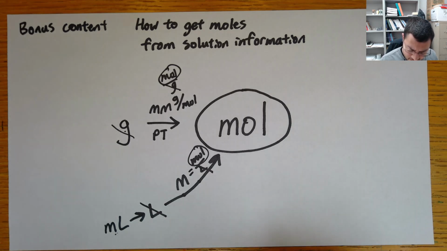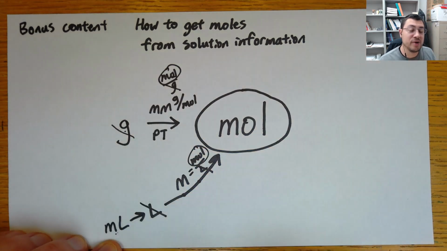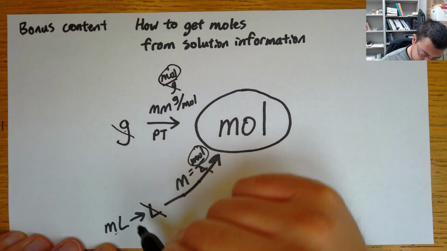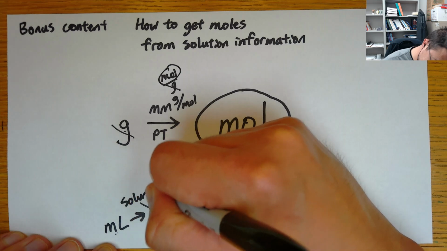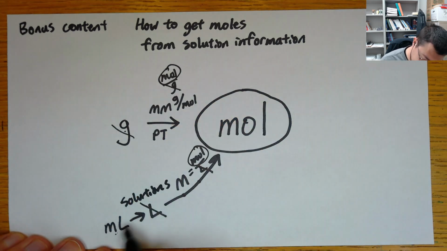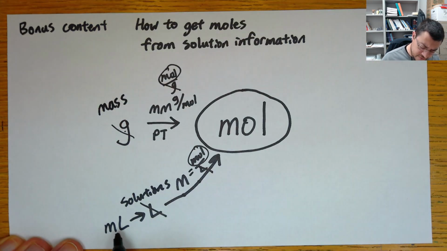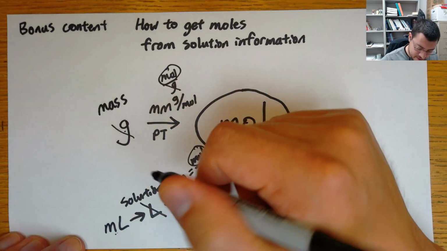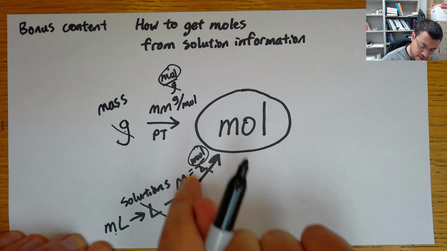Okay. While we're out here having your attention, I mean, you're watching bonus content already. So what if, like you could go this route for solutions. Going that way, this would just be like a mass, right? But what if you're given a volume, but not for a solution, but for like a pure substance? Then if it was a pure substance, they probably wouldn't give you the molarity.